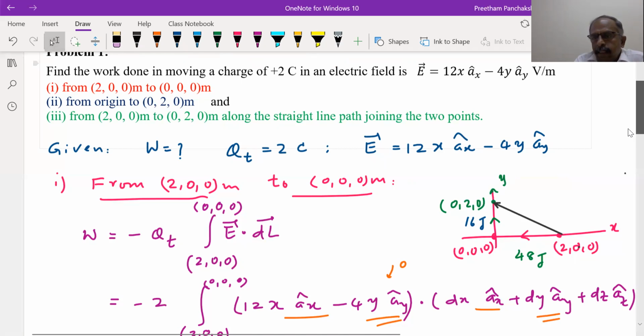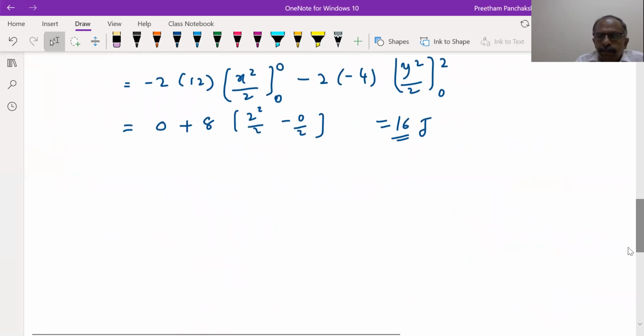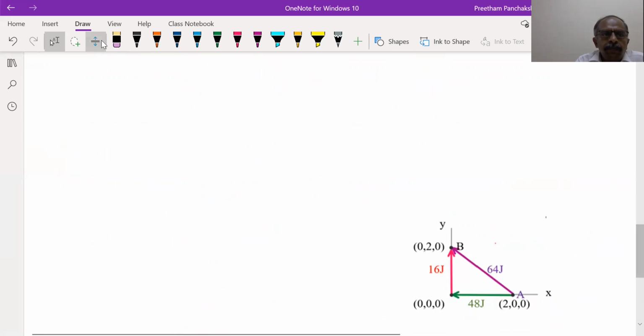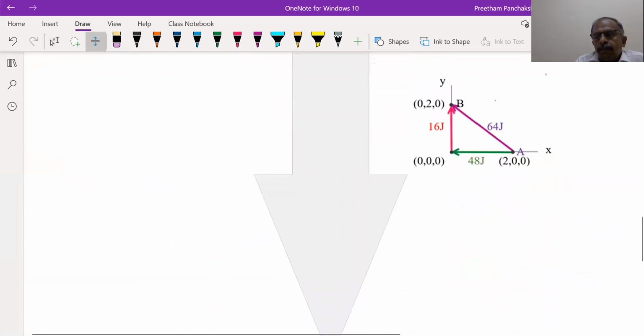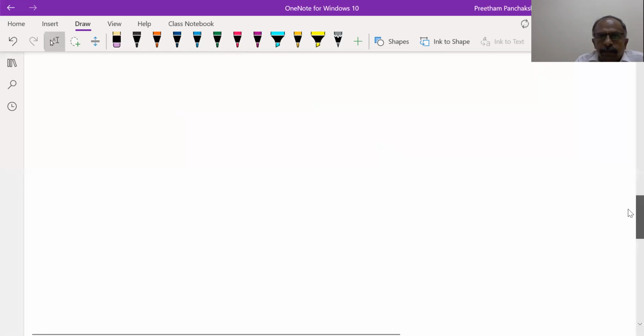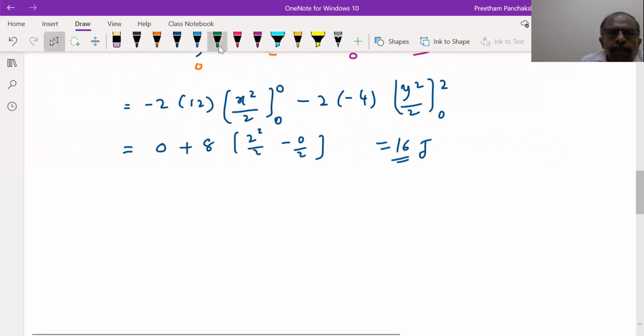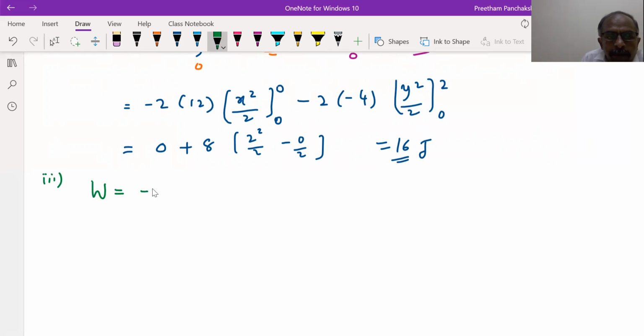So for case number 3, straight line path is given. Before that, the equation for W is already available: 12x dx minus 4y dy.